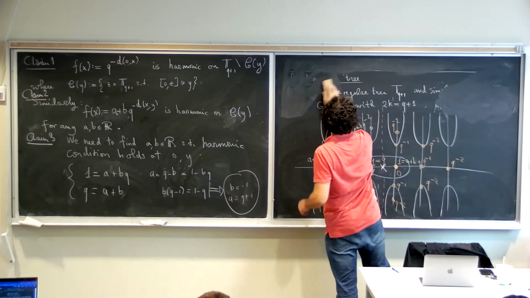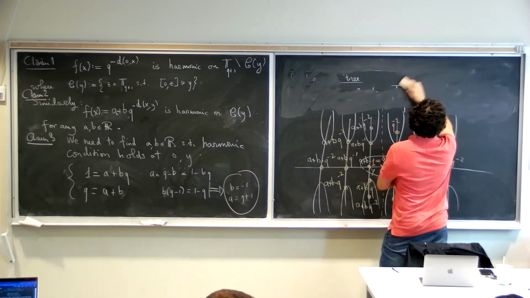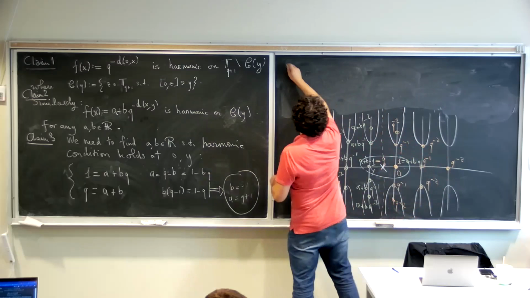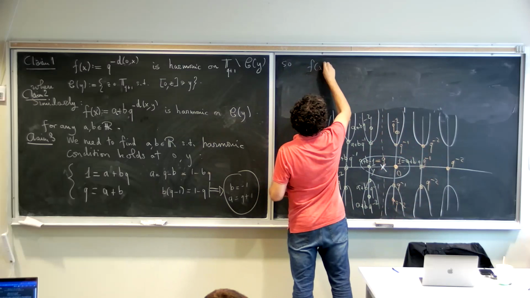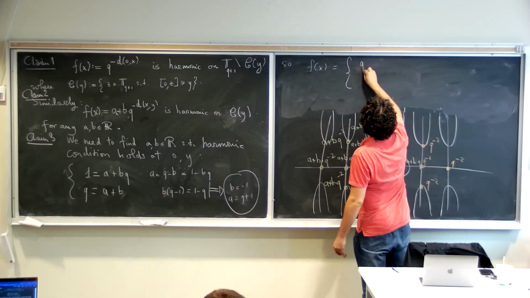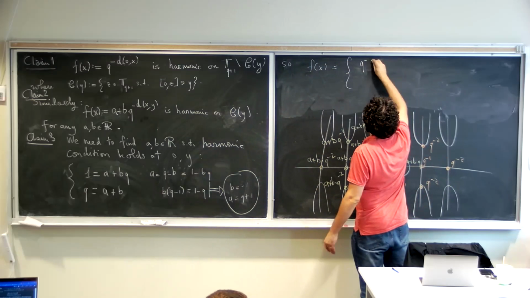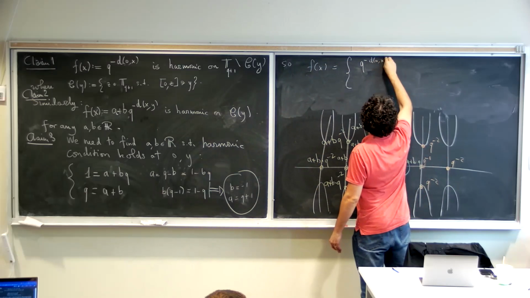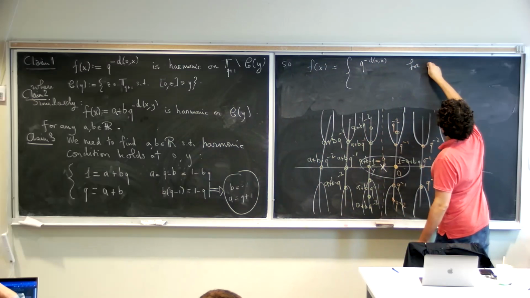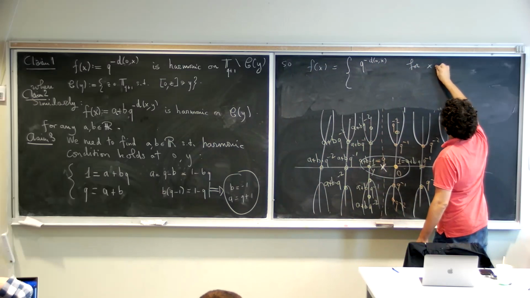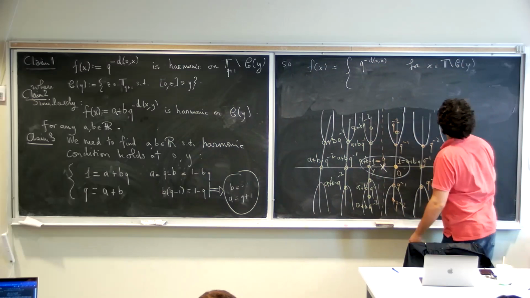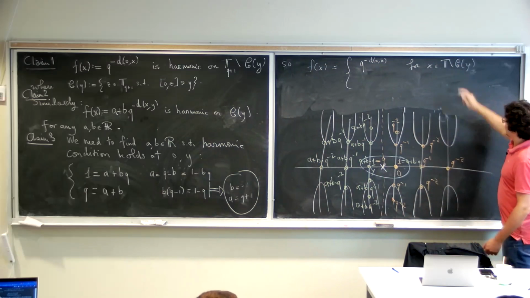And so we can write the formula. So in the end, f of x has to be of the following form. This is q to the minus the distance from O to x, for x in the tree minus the cylinder set of y.